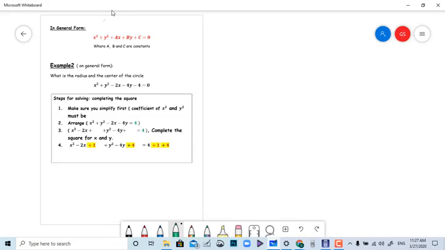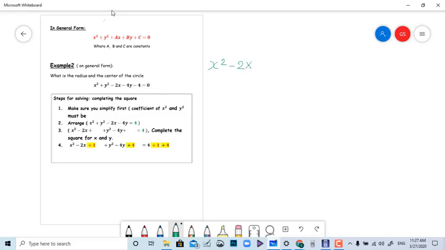Then I'm going to arrange. What am I going to do to arrange? I'm going to put the like terms together in order to complete the squares. My like terms are x squared, and I'm going to put beside it the term with the x, which is negative 2x. And then I'm going to leave a space.